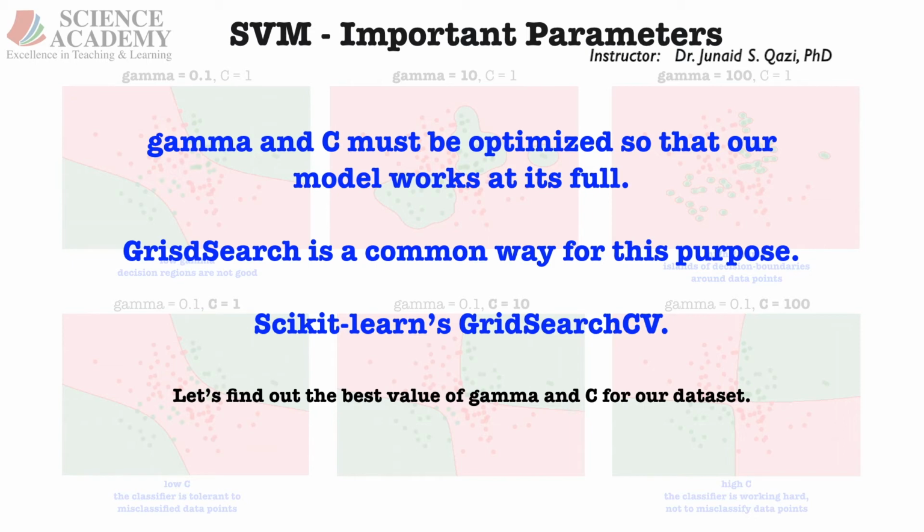Although it is tricky, it is very important to find the right parameters so that the model works at its full potential. Grid search is a common way for this purpose. We create a grid of parameters and try all the possible combinations to see which one works the best.